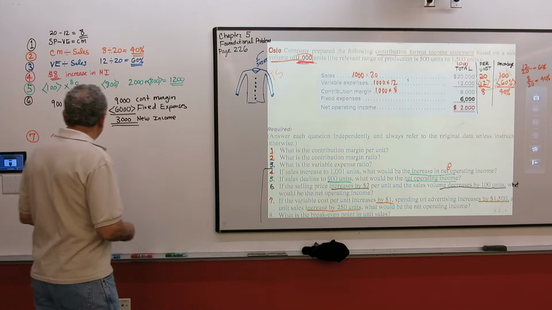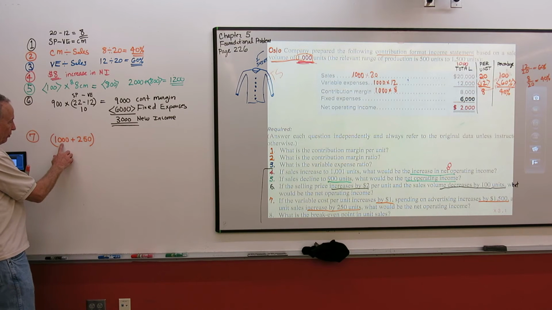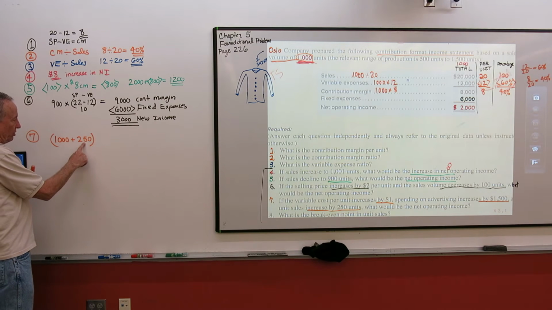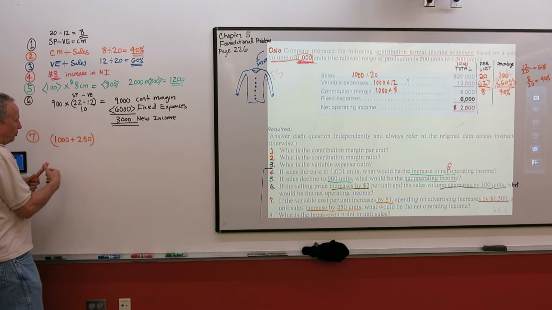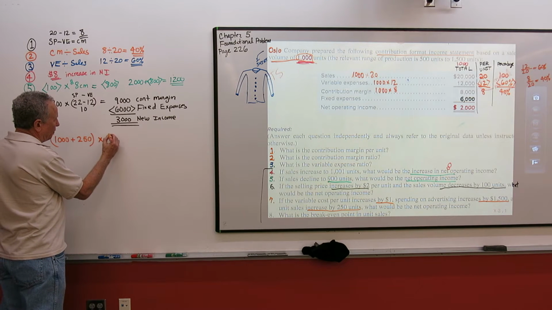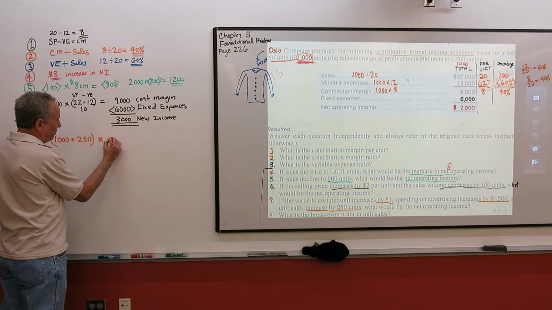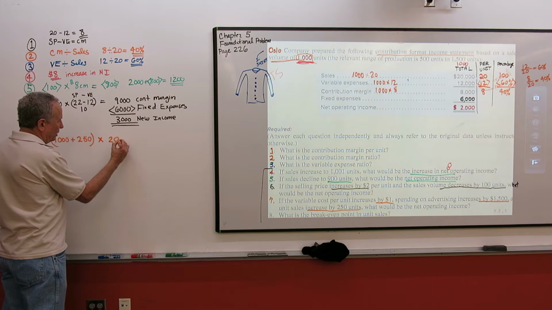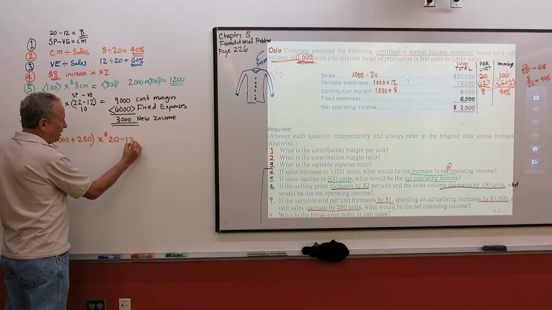So let's go back and say, all right, they said we already had 1,000 that we're going to sell, but we're going to sell 250 more, so 1,250. Let's take that times, and again, the selling price is still going to be $20, isn't it? $20 is the selling price, but minus 13.